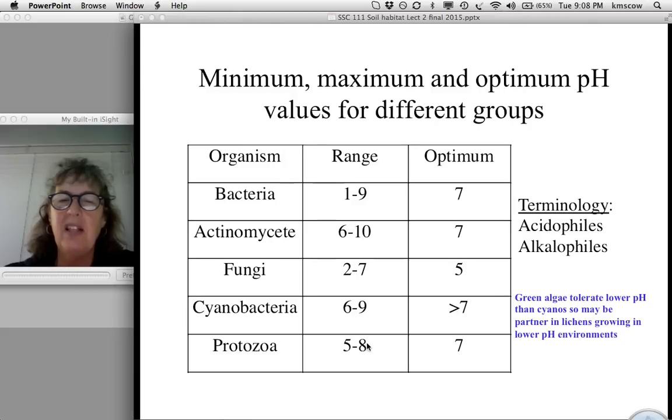What's interesting about hot springs. Oh, that's temperature. Okay, skip that.